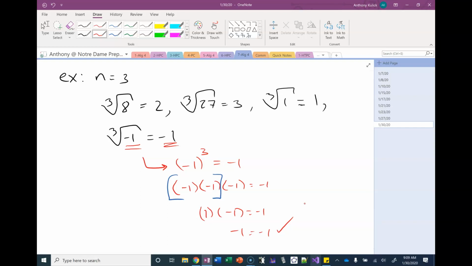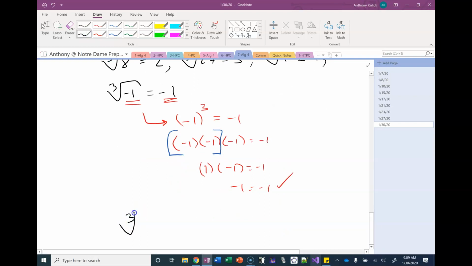Can we take the cube root of any negative number? Yeah, the same thing will happen, right? So what does this tell me then? It says we can take the cube root of any real number, right?